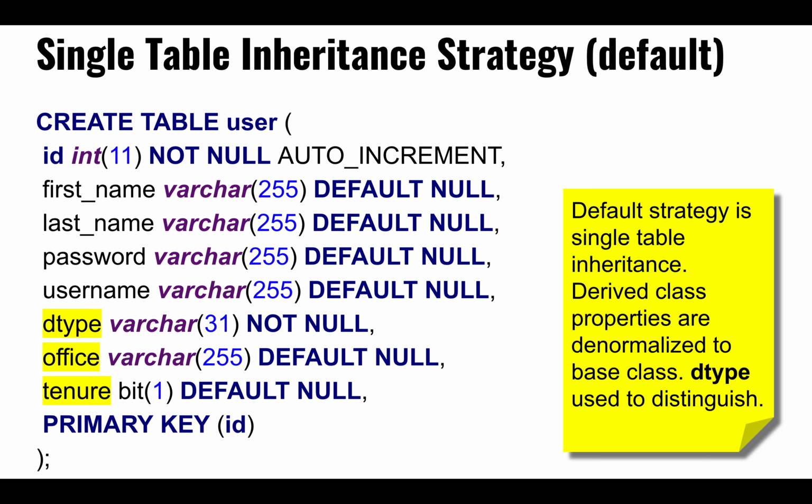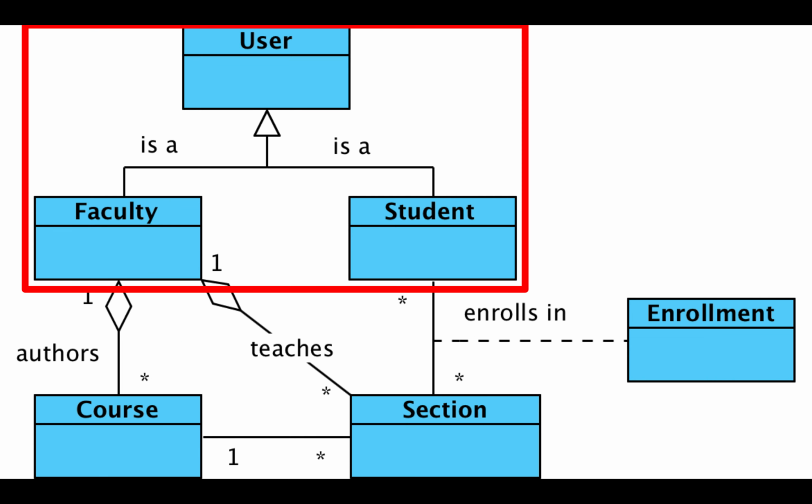Obviously, one of the things that we don't like from this approach is that if you instantiate a user, it will not have an office, will not have a tenure, and those values would be null. And coming from a relational database background, we cringe at that, because of having very sparse tables, especially if your inheritance chain is very deep.